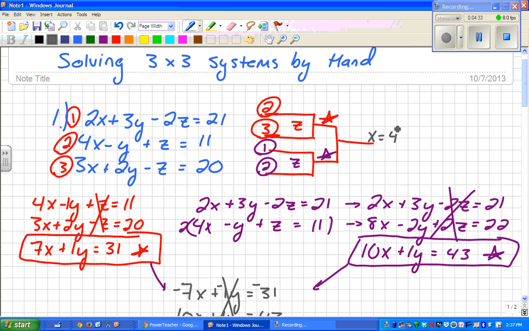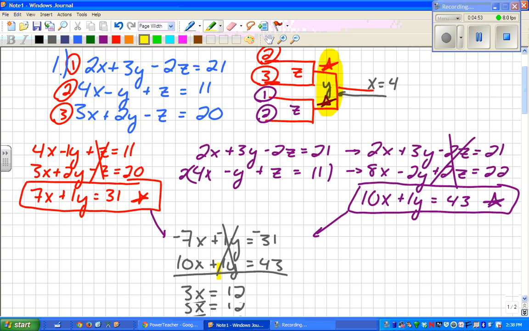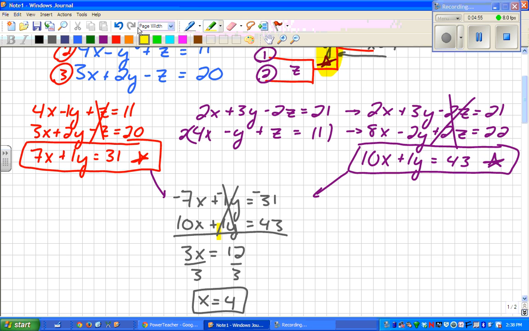So now I found x, but I still need y and z, so I'm going to start working backwards. Now when I did the starred equations, I canceled out z, right? So if I start working backwards here, y is the next variable I'm going to find, and I'm going to use one of those starred equations to find it. So take whatever equation you want.